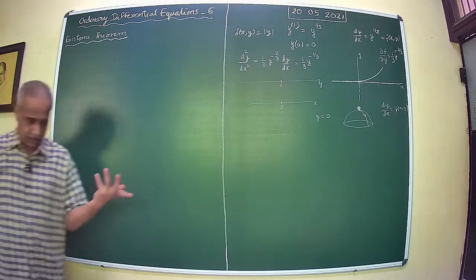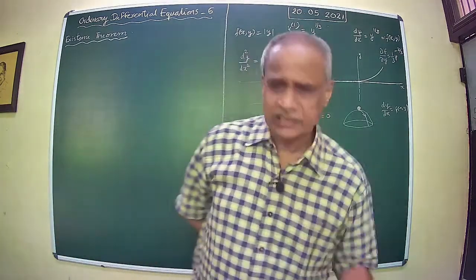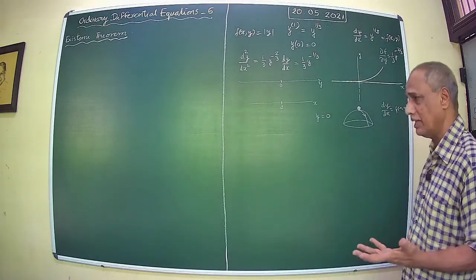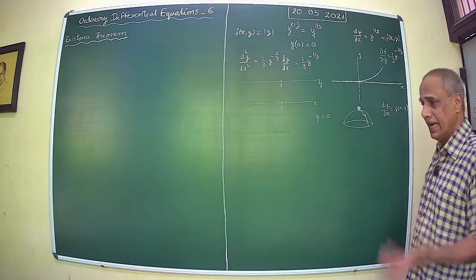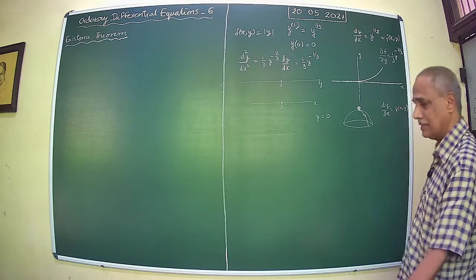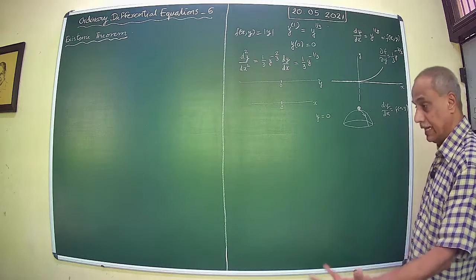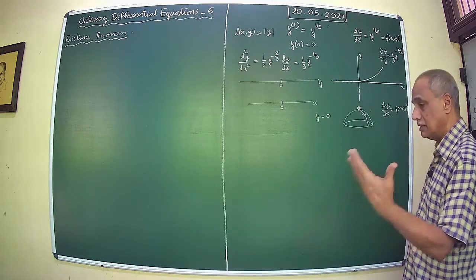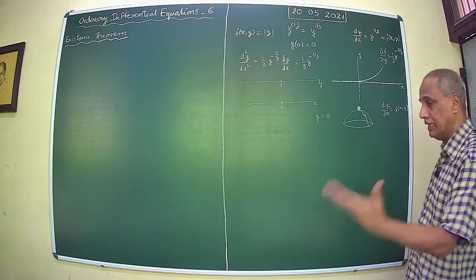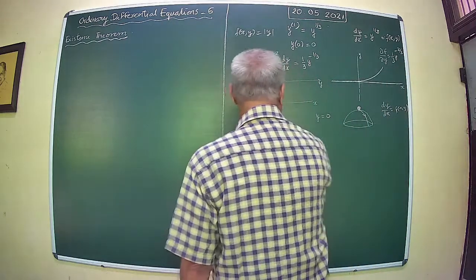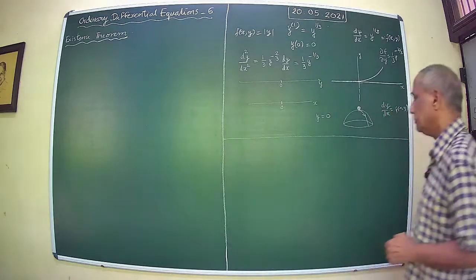And the Lipschitz condition essentially guarantees that such a situation does not arise, so you can say that if the Lipschitz condition is satisfied along with continuity, then the equation has a unique solution. So I just wanted to make this remark.